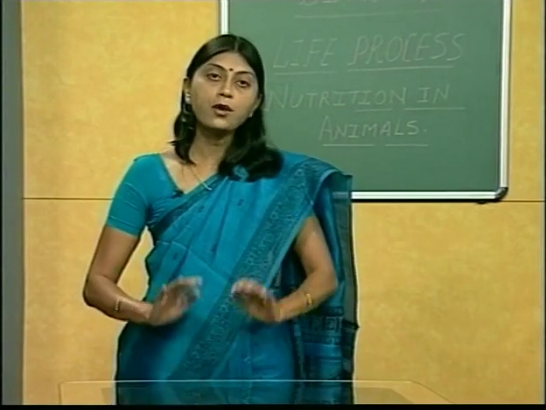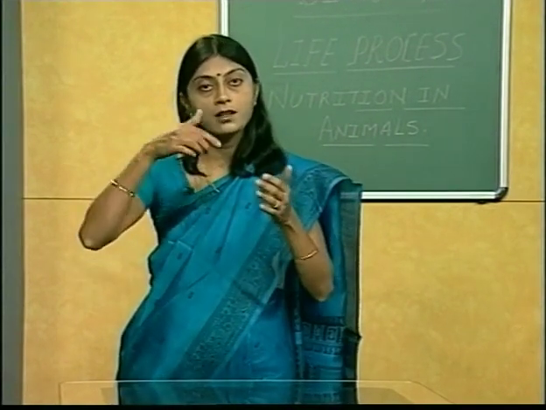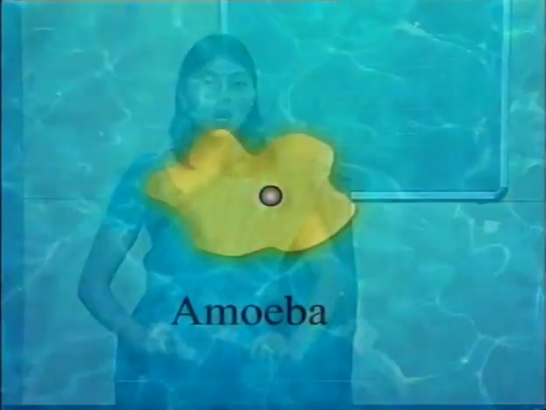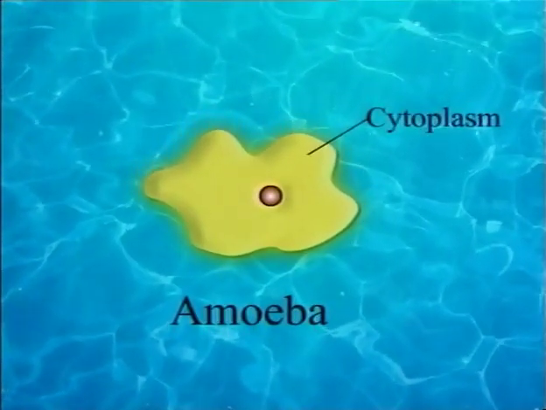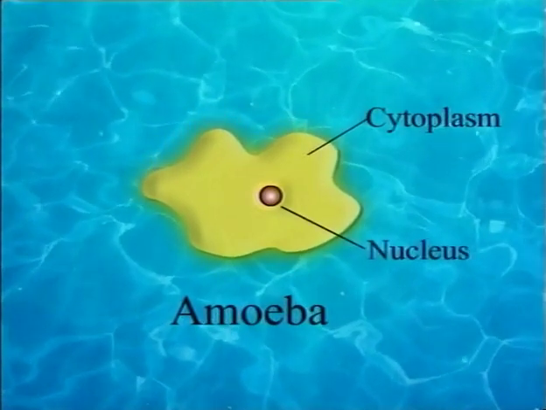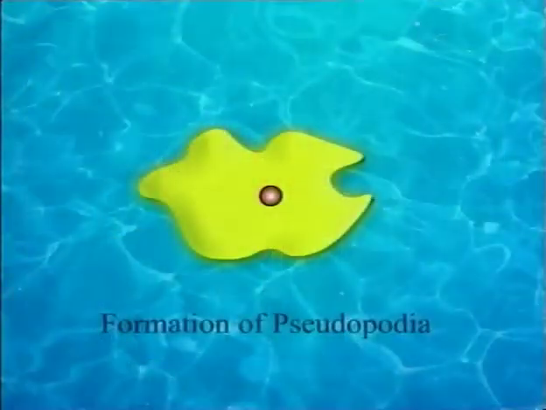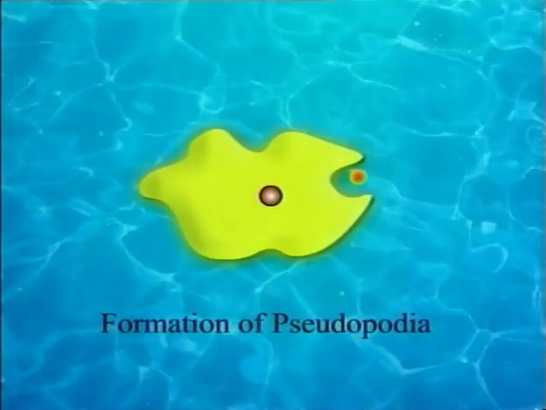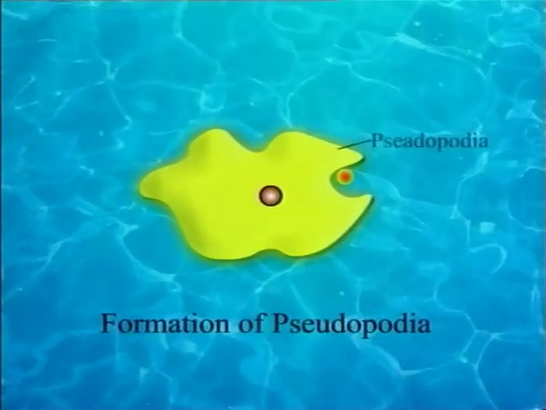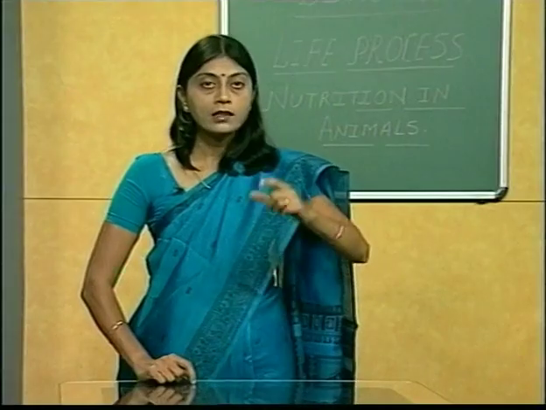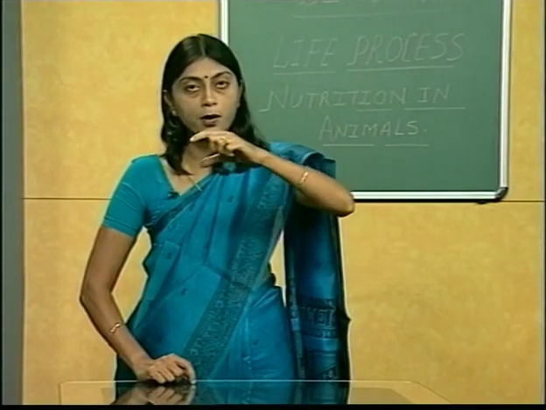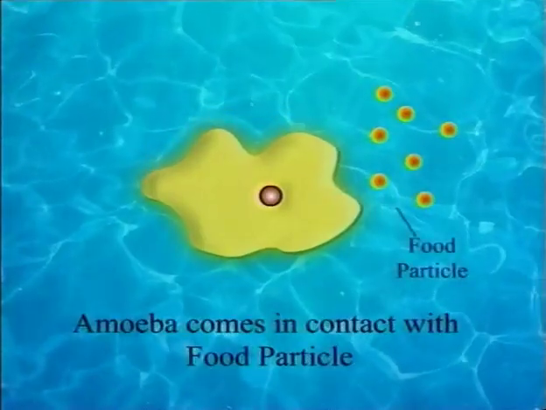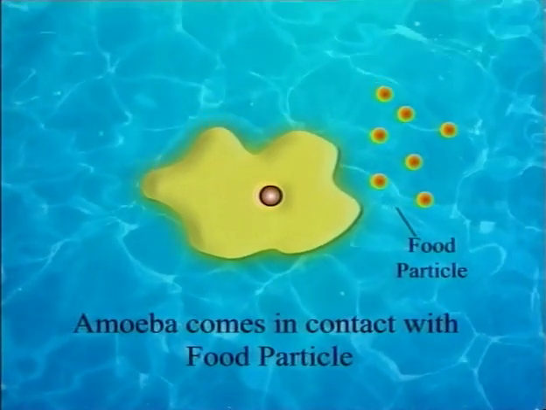Okay. Now you know how the food enters inside the cell. Amoeba has no definite shape. This is the first thing. Amoeba produces finger-shaped projections, and these projections are known as pseudopodia or false feet. These pseudopodia are produced when amoeba comes in contact with food.